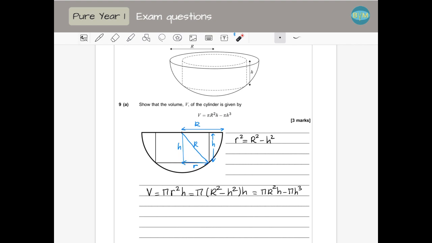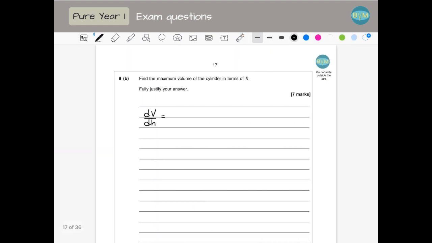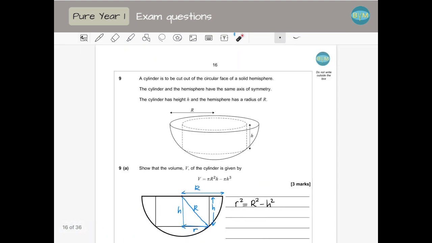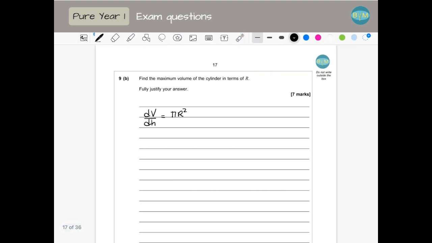So we are going to differentiate that with respect to h. We have pi R squared as the first part, and then for the second part, h cubed, it's going to be minus 3 pi h squared, and this must be 0 to be a maximum or a minimum, which means that R squared, we are going to leave it in terms of R. So the one that I'm going to make the subject is going to be h.